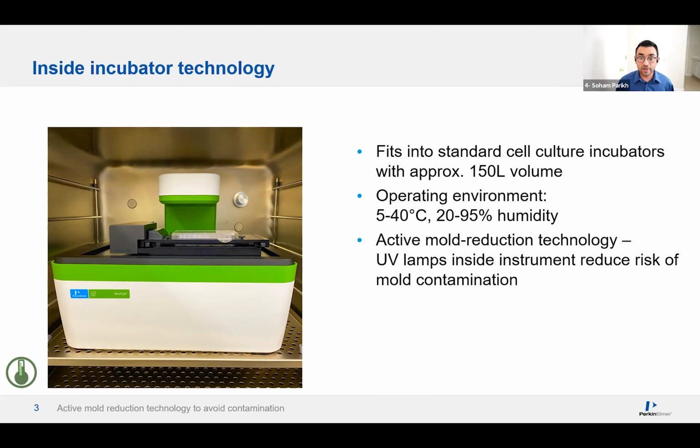In terms of its operating environment, it's pretty standard incubator conditions. So it goes from 5 to 40 degrees Celsius, from 20 to 95% humidity. And one great feature about this instrument is that PerkinElmer was smart enough to install UV lamps on the inside of this microscope. Your microscope is sitting inside the incubator, and we all know that the incubator conditions would be very warm as well as very humid.